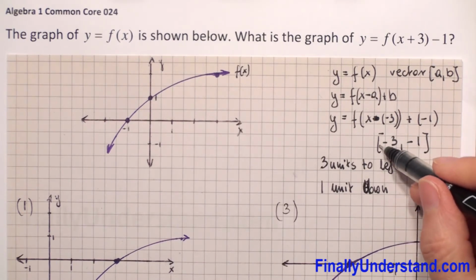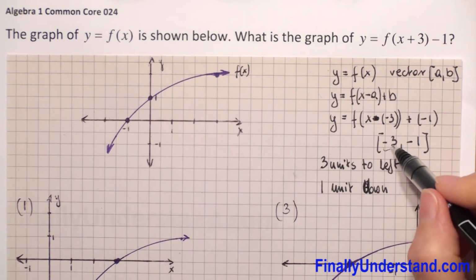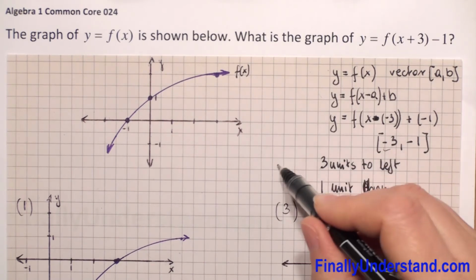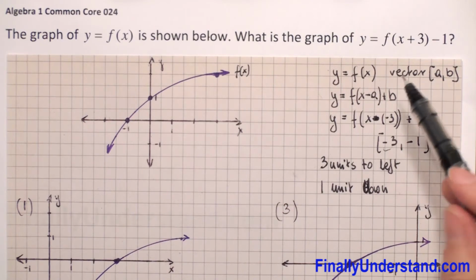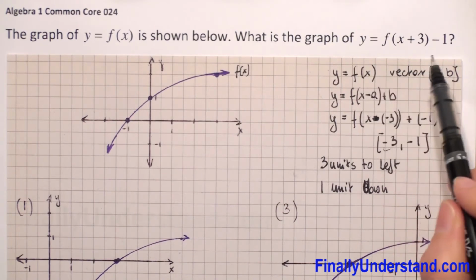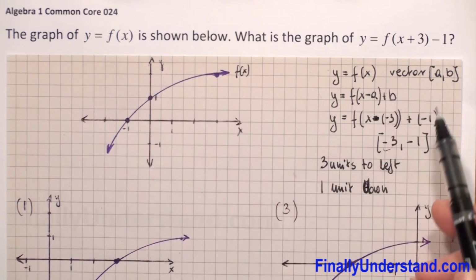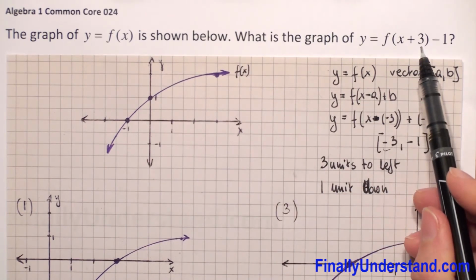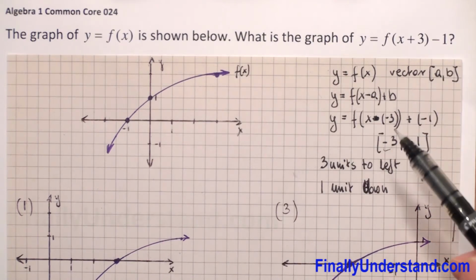And one more time, the first coordinate tells us if we move to the right or left. When it's negative, we move to the left. When it's positive, to the right. So from this form, we see that our function is moved to the left 3 units and down 1 unit.